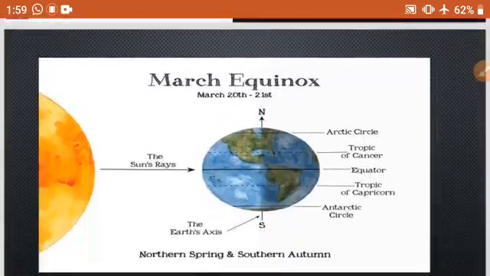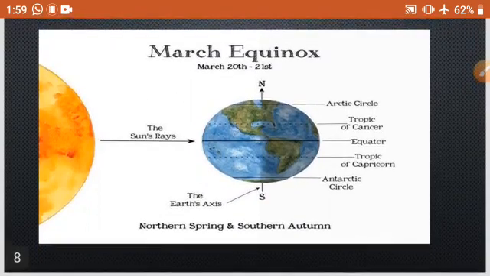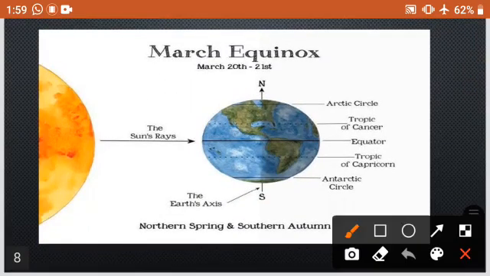So here I have pasted a picture of March equinox. So we see that the north and the south pole are in the straight direction. Now they are divided into two equal halves, and the north pole is also getting sunlight, the south pole is also getting sunlight, so it is called equinox. So they get direct rays from the sun.